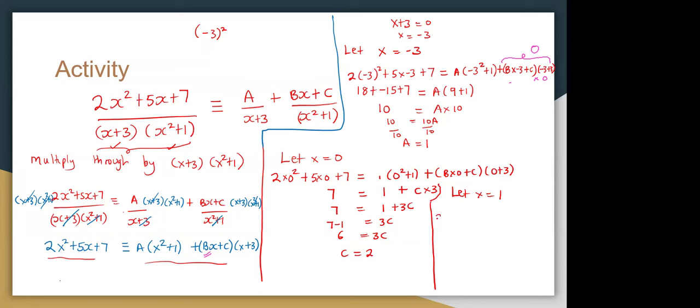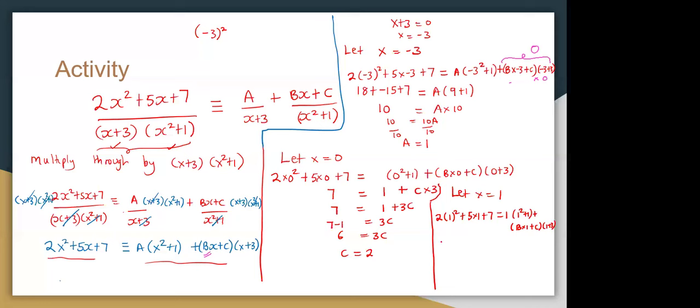So on my left, I'll have 2 into 1 squared plus 5 times 1 plus 7 equaling to A, which we obtain as 1 squared plus 1. Oh, my thing may not fit well. Into B, which I want, times 1 plus C into 1 plus 3.